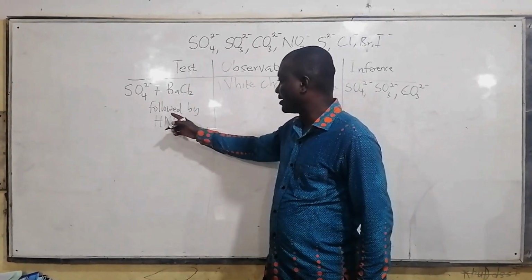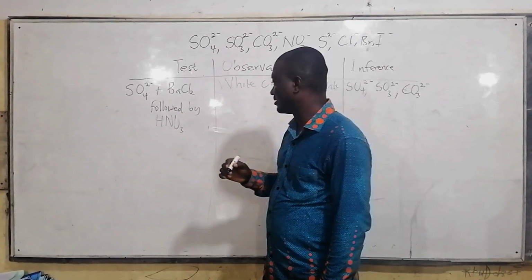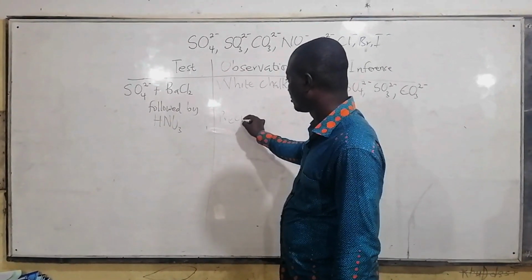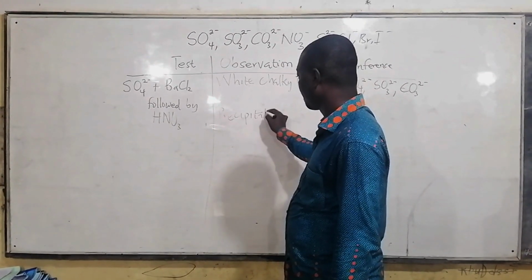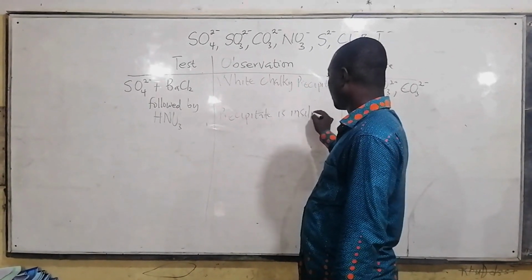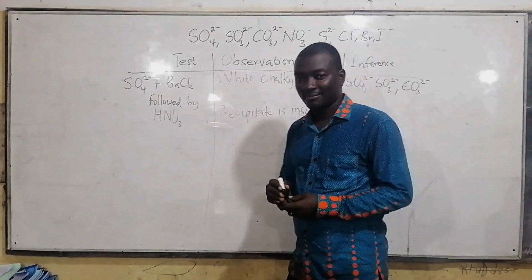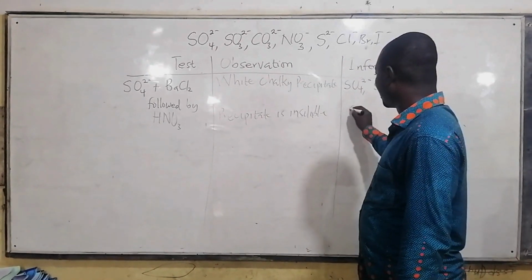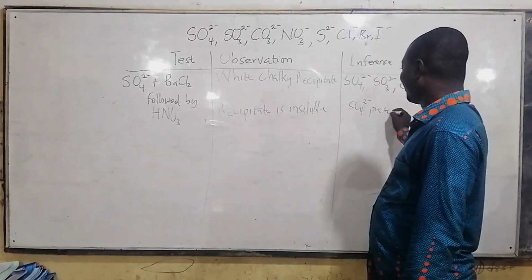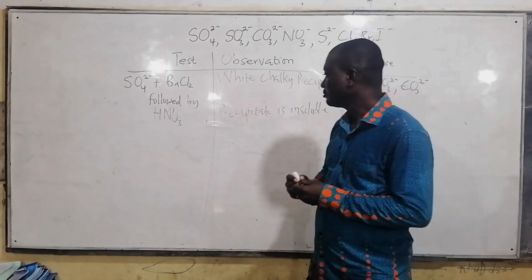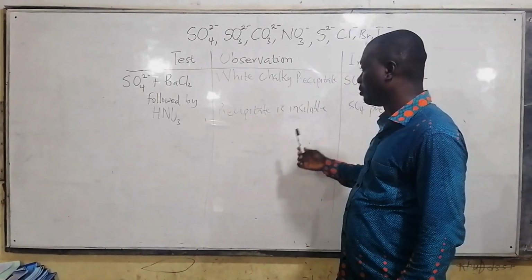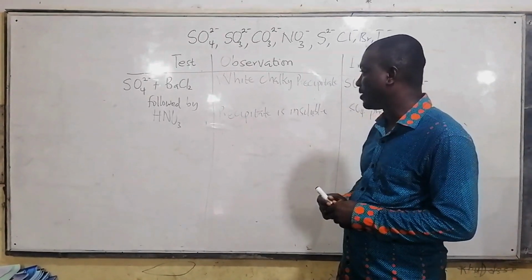Now, when the HNO3 is added, the precipitate is insoluble, implying that SO4 2 minus is present.